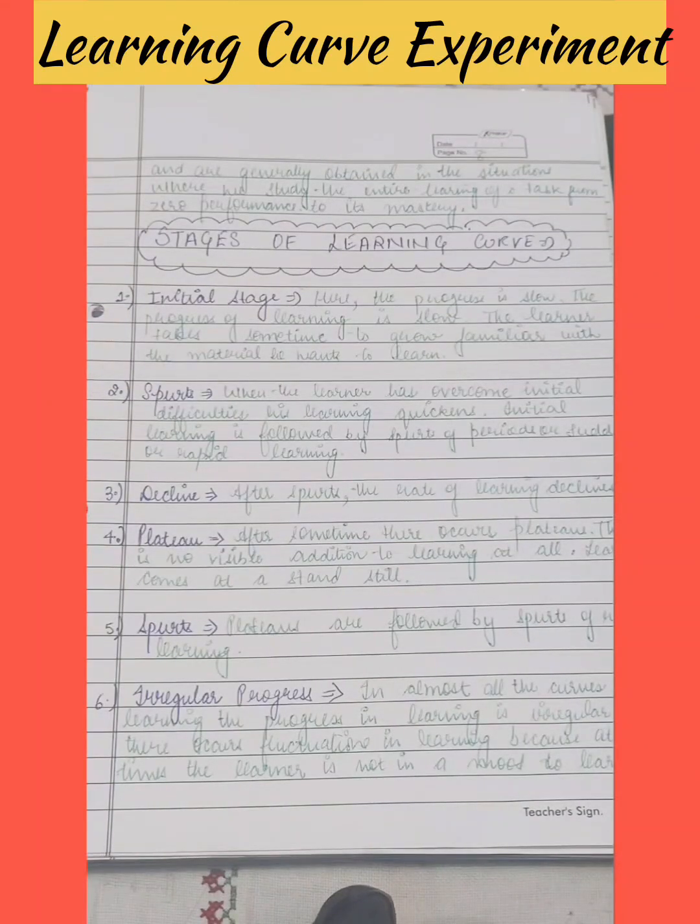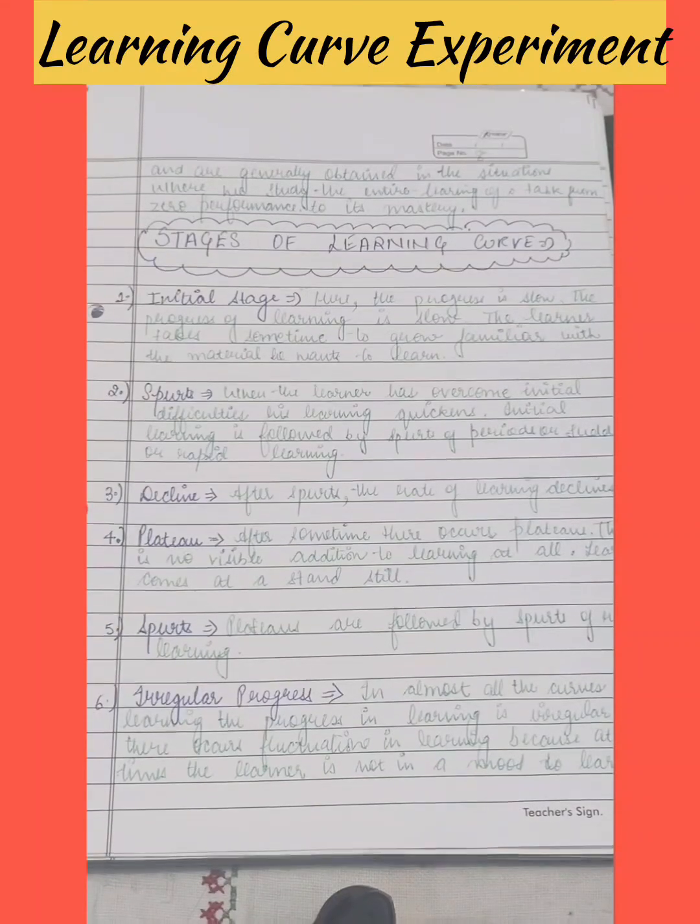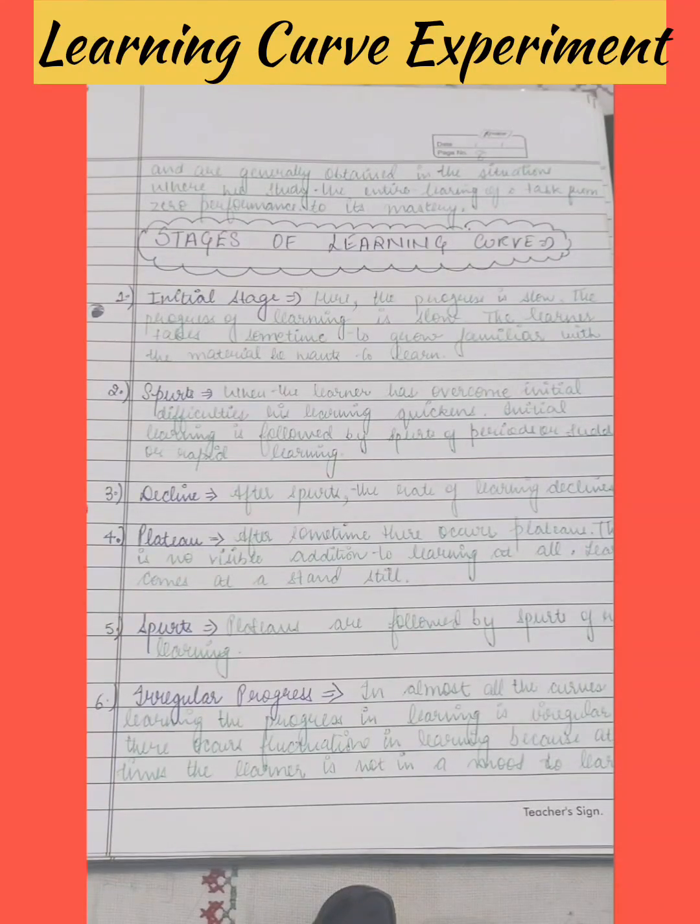Now the stages of the learning curve. The initial stage is where the progress is very slow, and the learner will take time to get more familiar with the material they want to learn. Second is spurts, where the learner has overcome the initial difficulty and quickly starts learning, followed by periods of rapid learning.